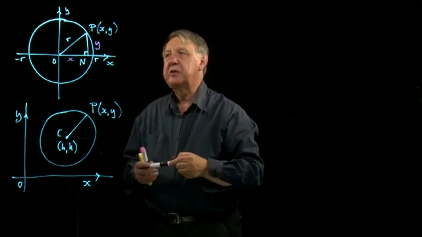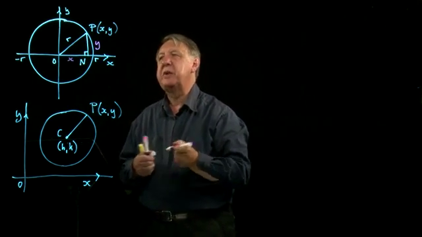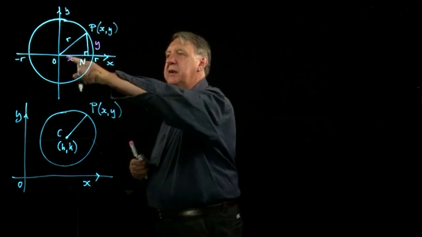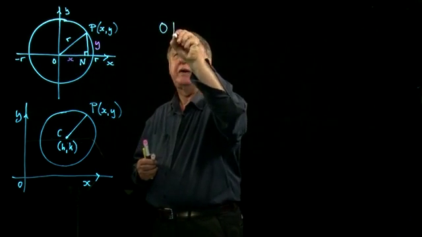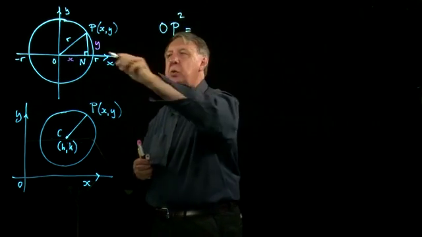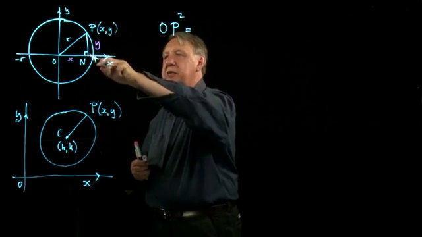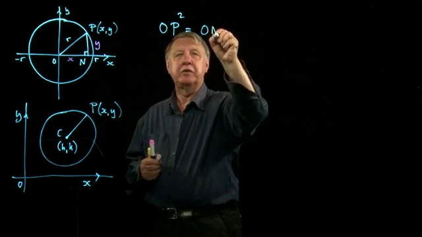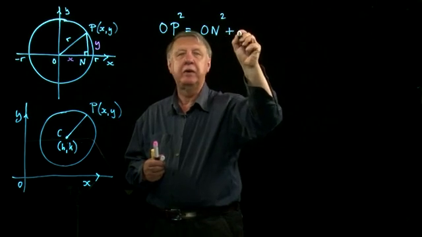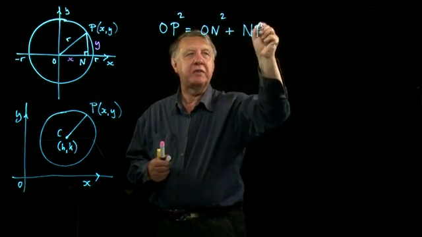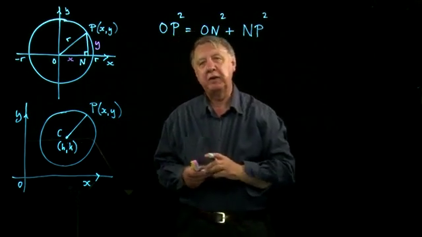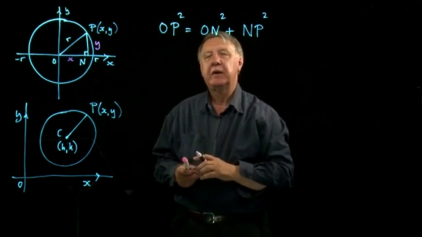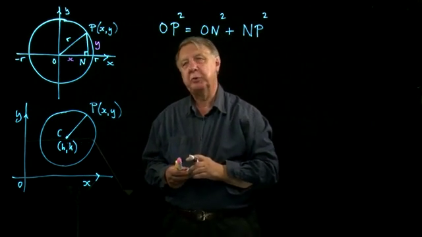So Pythagoras' theorem tells me that in this right-angled triangle OP squared is always equal to the sum of the squares of the other two sides. So that's ON and NP. That's a basic statement of Pythagoras' theorem, and we've used that already in some of our other coordinate geometry work.